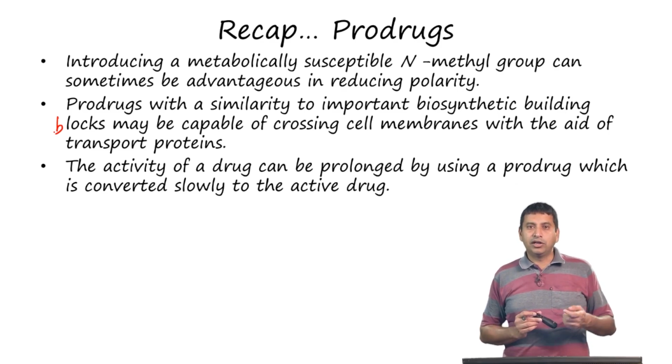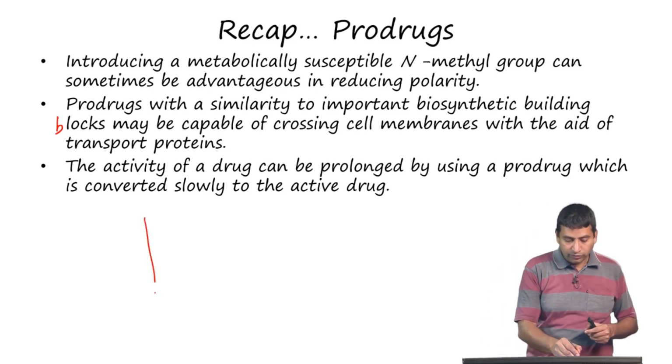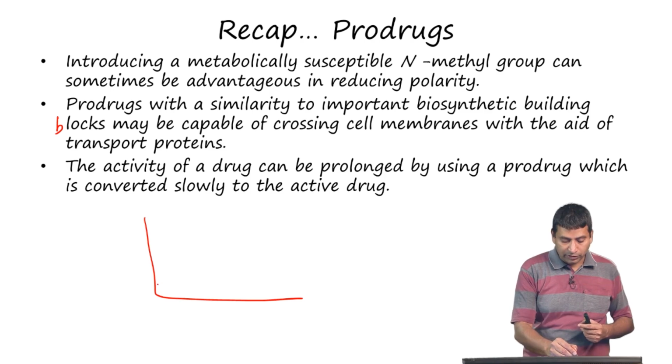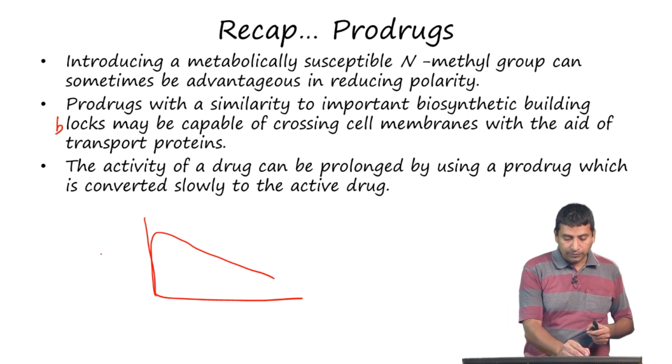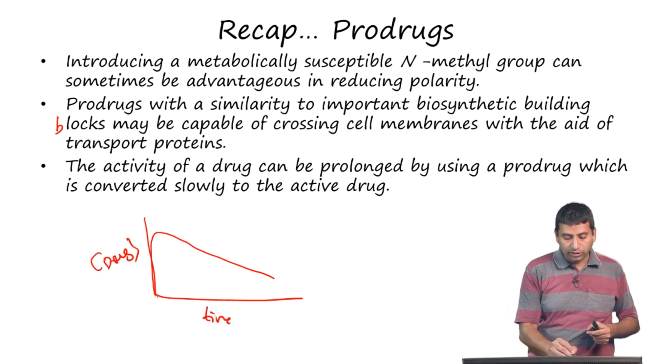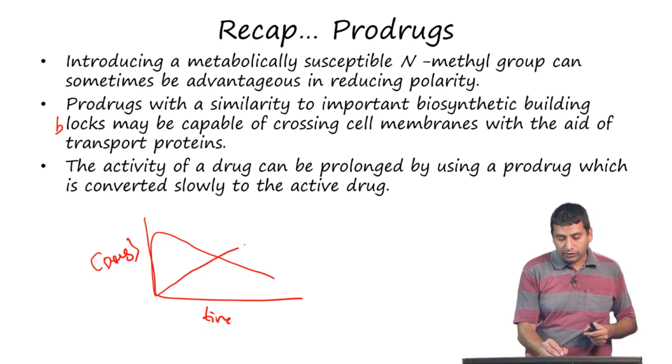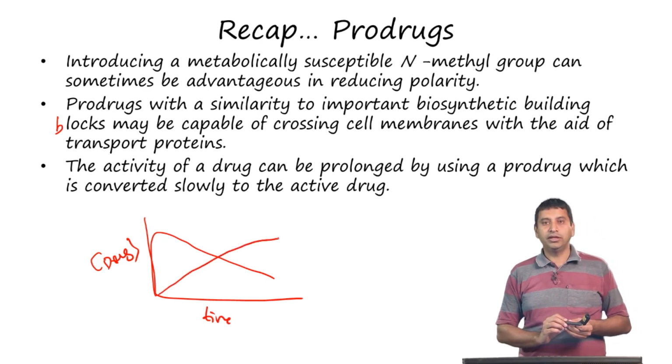The activity of a drug can be prolonged by using a prodrug, which is then converted slowly to the active drug. So, what we would do is that once you inject or administer the drug, the concentration of the drug goes up and comes down like this. Instead of that, by converting it to the prodrug, we could slowly increase the concentration of the active drug.